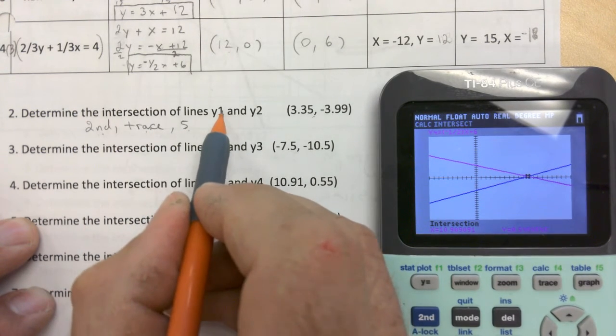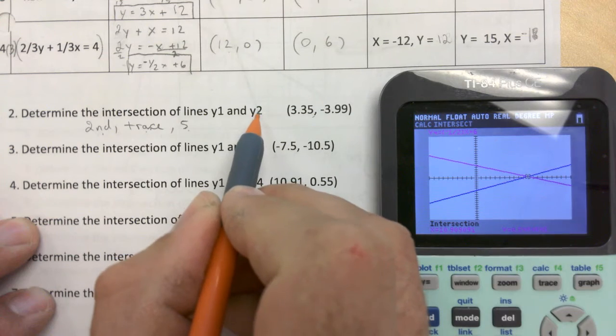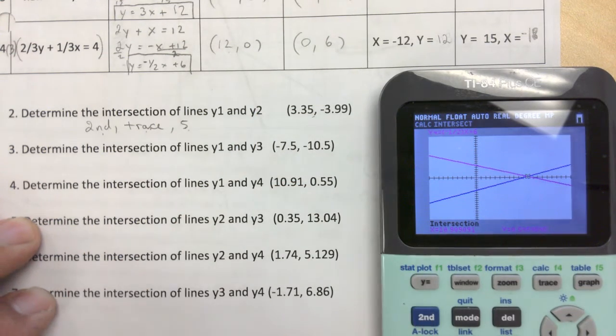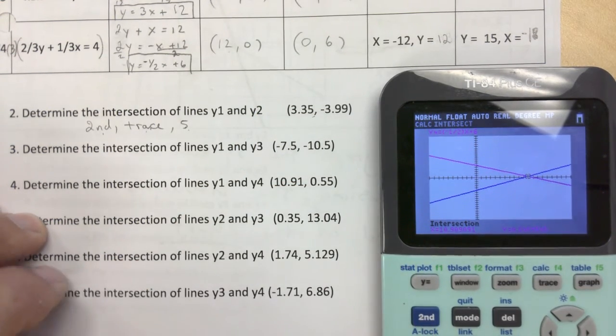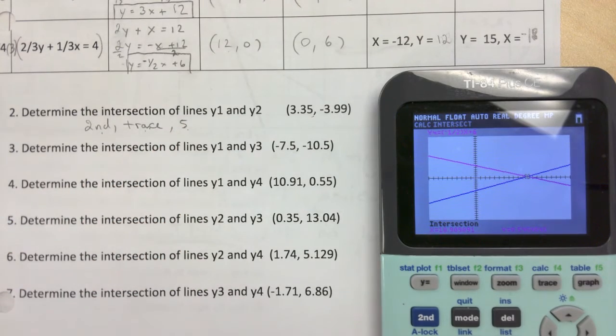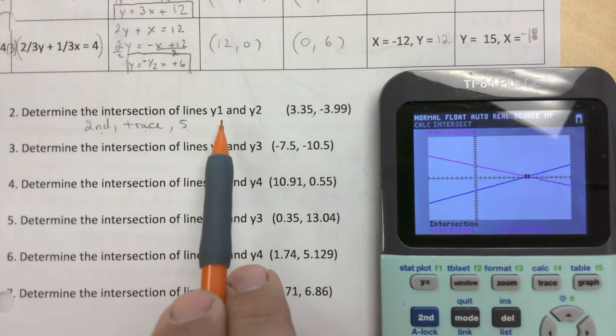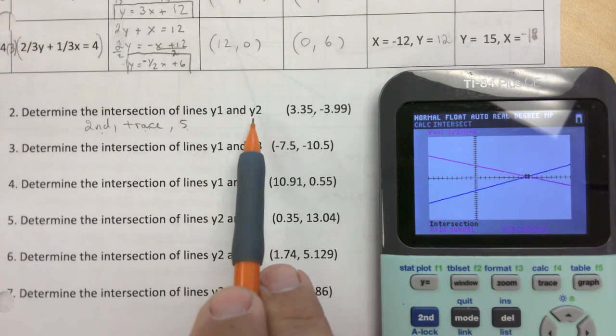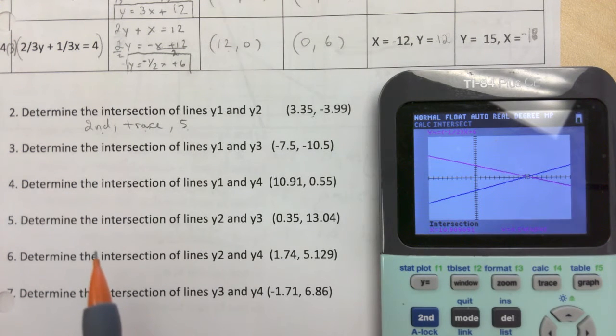Obviously, you entered this into y1 and the second equation into y2. But in the future, I'm just going to tell you to find the intersection between these two lines. So you will decide which one you're going to put into y1, which one you're going to put into y2, right? So it's going to look a little different, but the intersection will be exactly the same.